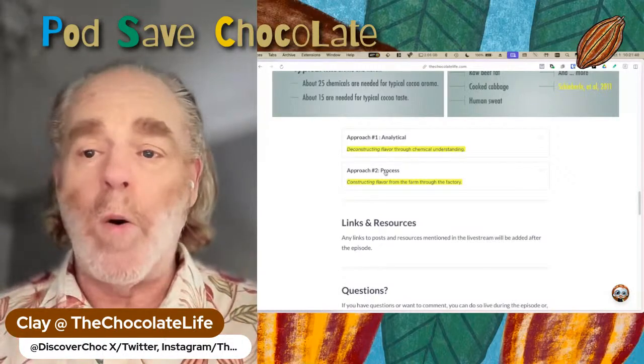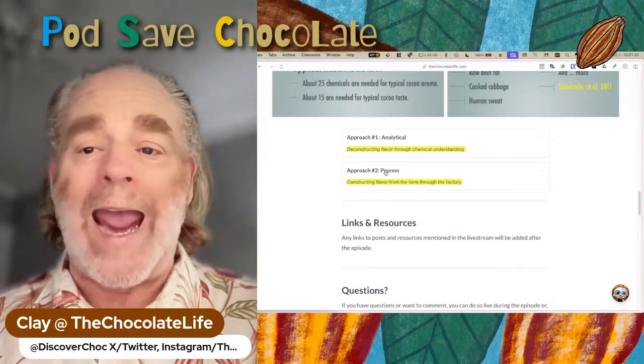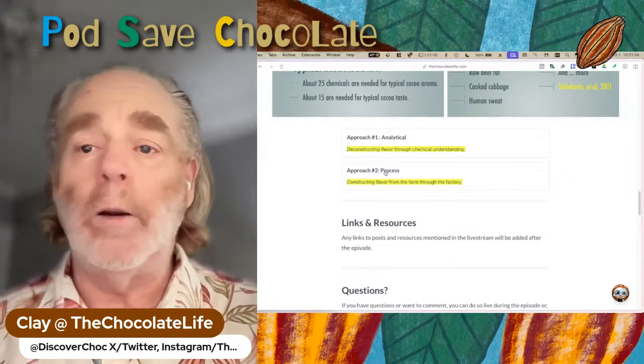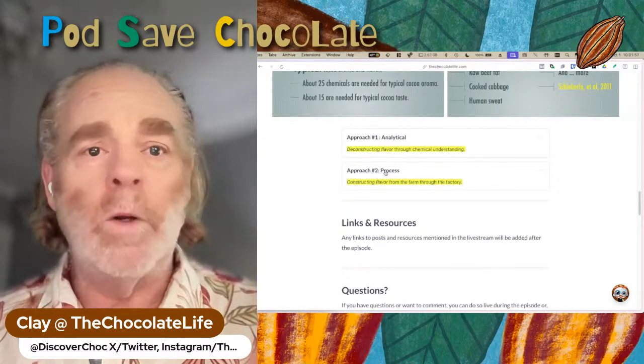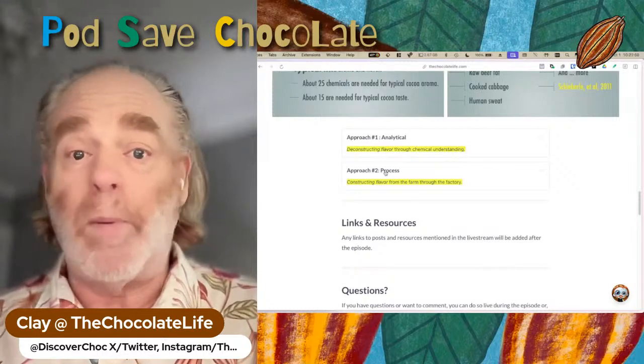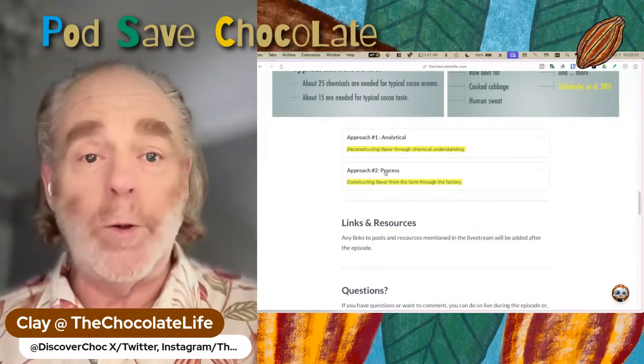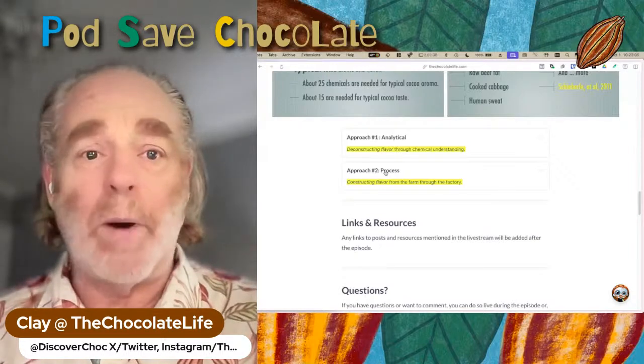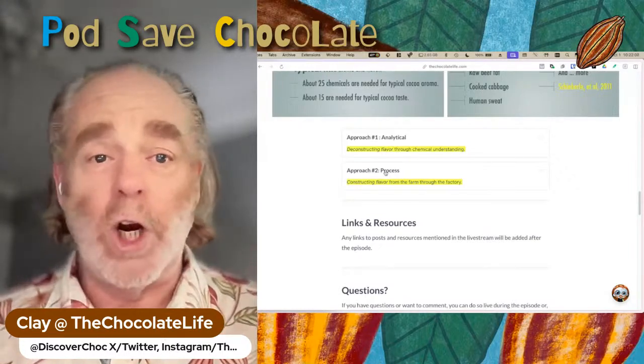If I'm growing in a farm and there are 3 or 4 or 5 different varieties within a kilometer or so, then it turns out that the pollen may come from another tree with different parent genetics. And so what's sitting inside that pod may be a naturally occurring hybrid.